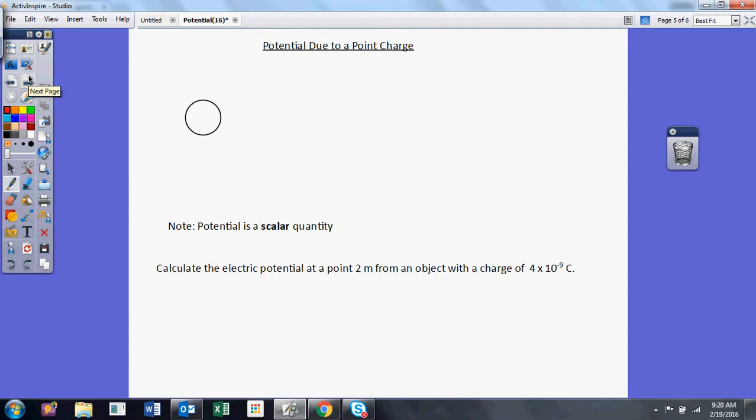So the potential due to a point charge is given by a formula. For a point charge Q, the formula is V is equal to K times Q over R. You'll notice it's similar to other ones that we've used, but it's only Q, and it's just R on the bottom, not R squared.